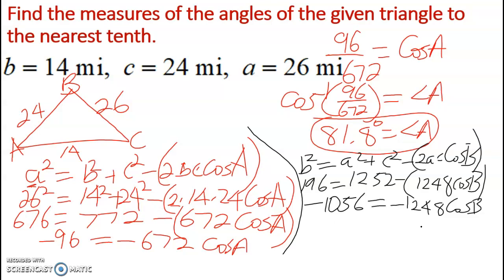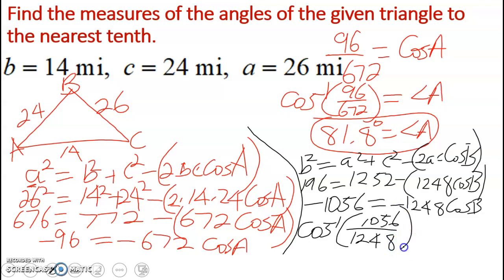So we take the inverse cosine of 1056 divided by 1248, and that will give us angle B, and that came up to 32.2. Okay, 32.2 would be the measure of angle B.